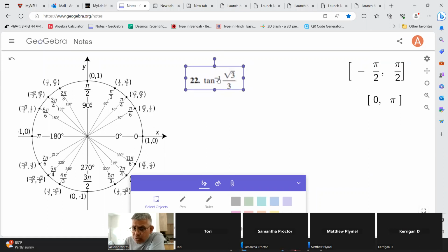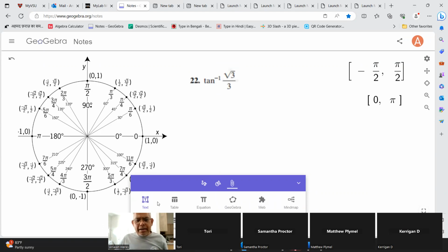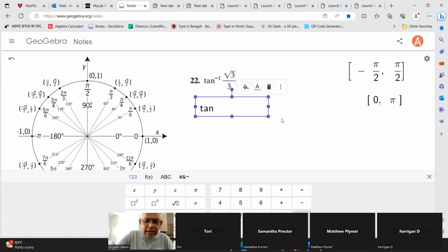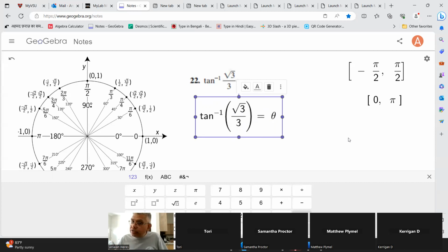So this is my question. Our rule says I can write it like this, okay? I'm going to write it. Sometimes you won't because you can do it in your head. Tan inverse of square root of 3 over 3 is equal to theta. I'm going to say it's theta and I'm looking for theta.